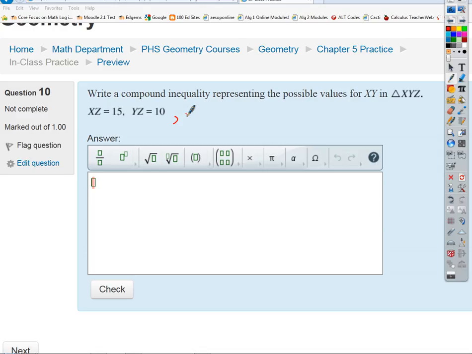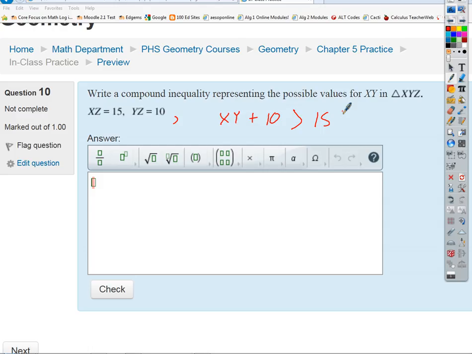Well, if XY is not the biggest side in the triangle, which one is? XZ is, right? Good. So whatever XY is going to be, one thing that has to be true, XY plus 10, the other small side, has to be greater than 15, right? Does that make sense? That has to be true. Well, what's the other possibility?